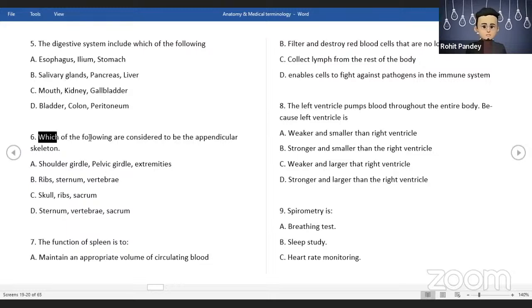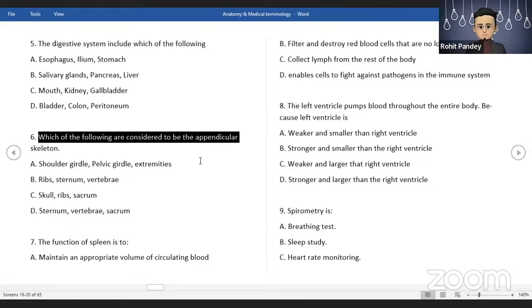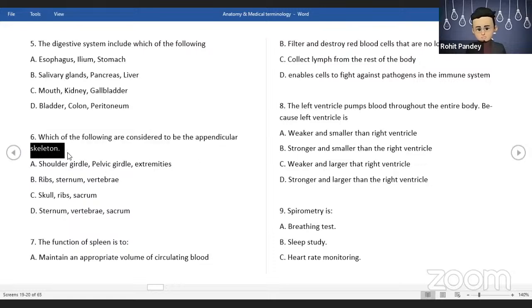Which of the following are considered to be the appendicular skeleton? I already taught this in the musculoskeletal chapter. There are two types of skeleton: one is axial and the other is appendicular.